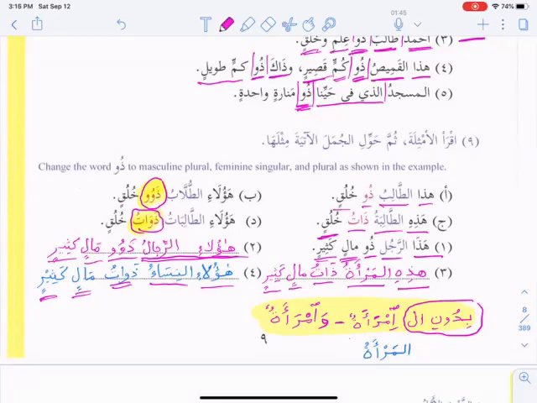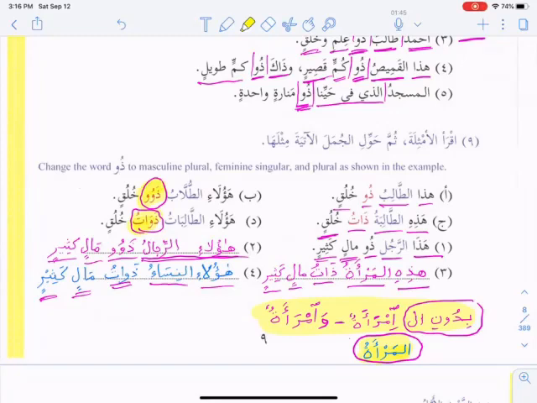But you put, my brothers and sisters, al in front of it, then it becomes al-mar'atu. So you have to understand, wamra'atu, al-mar'atu.